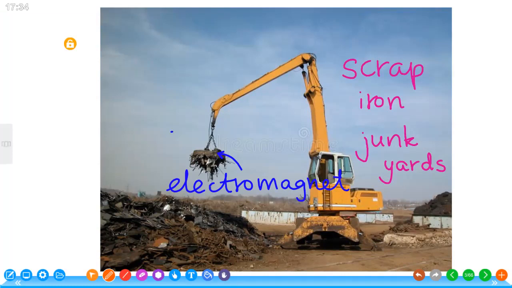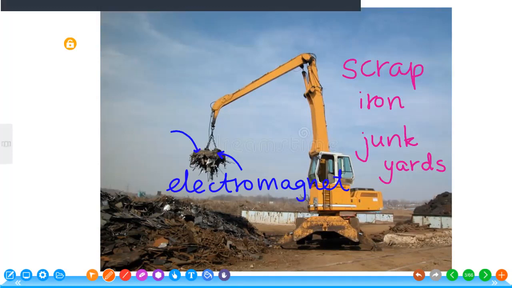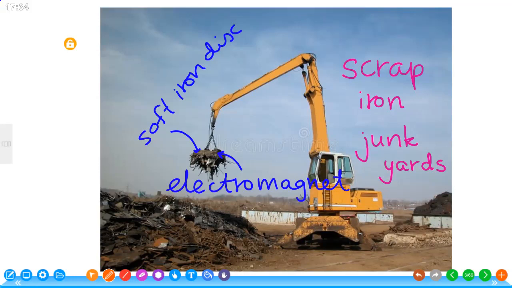This metal disc is a soft iron disc. Then what happens? It becomes a very powerful magnet, and a considerable amount of pieces of iron get attracted to that metal disc.